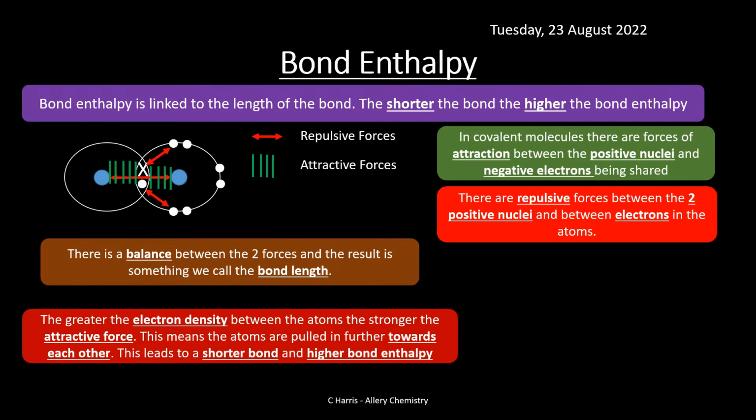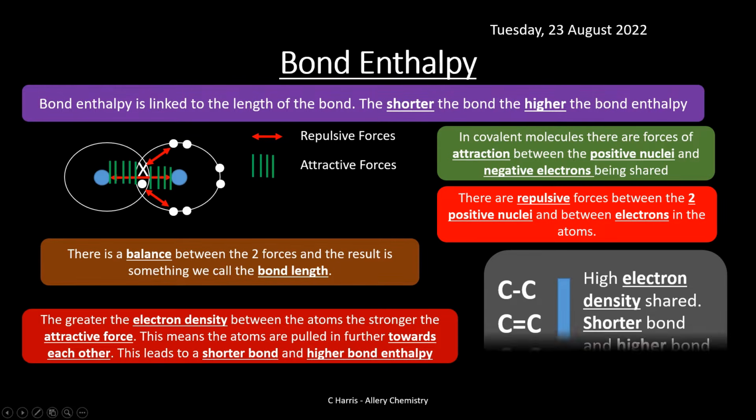So the greater the electron density between the atoms, the stronger the attractive force, and so the atoms are pulled in further towards each other, and this leads to a shorter bond and a higher bond enthalpy. If the distance between the shared electron density and the nucleus is quite short, then clearly we're going to have a very strong force, which pulls them closer together and shortens that bond, making the bond stronger overall.